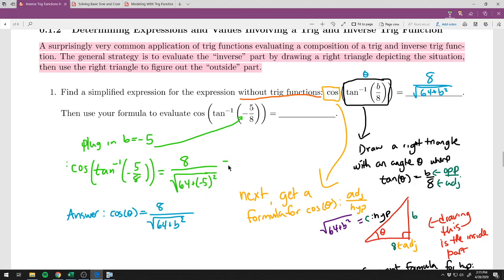Don't forget to square this. -5 squared is 25, and 25 plus 64 is 89. Okay, so our answer here is 8 over the square root of 89. We did all our work on the left side, and then put in the answers on the right side.